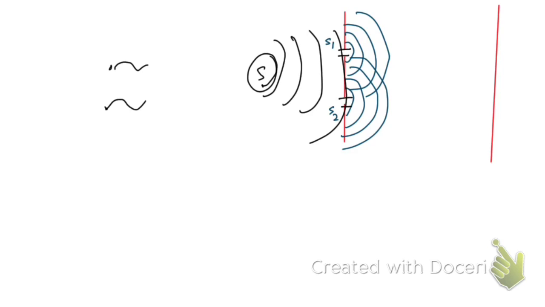That means the phase difference between their corresponding points will be constant. The phase difference at these two points is the same as at these two points, and the same as at these two points. Then these two sources will be called coherent sources. Hope you have understood.